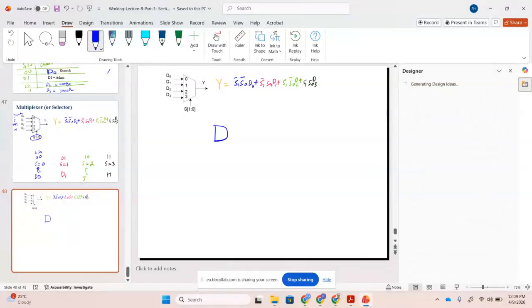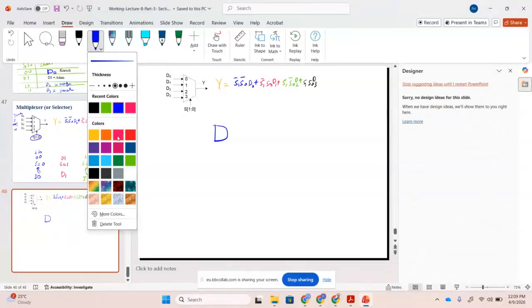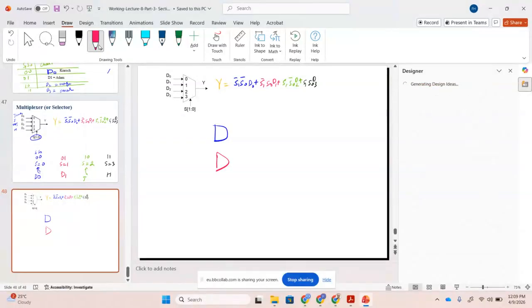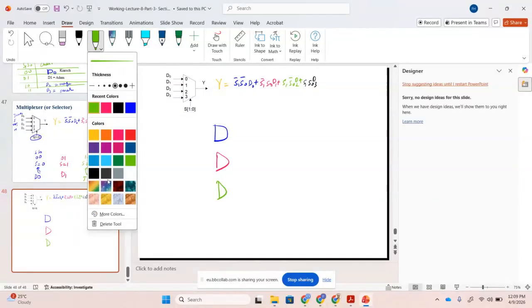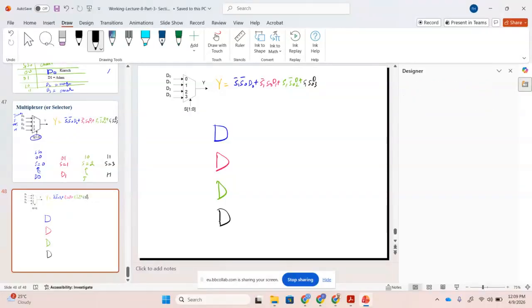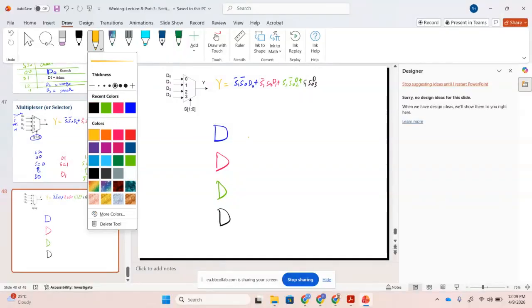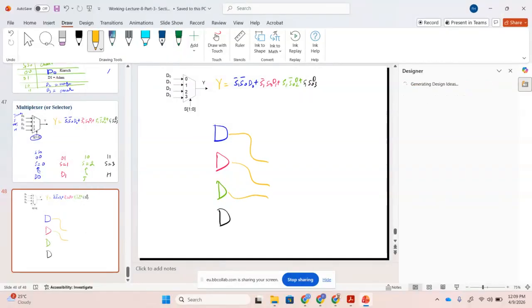This is the first one, then the second one, then the green one, and then the black one. The first expression will be D0, and then we OR them all together. So this will be the OR gate, and this will be Y.